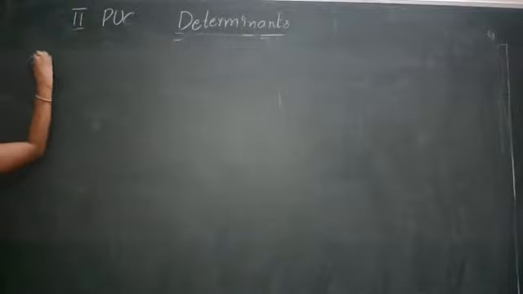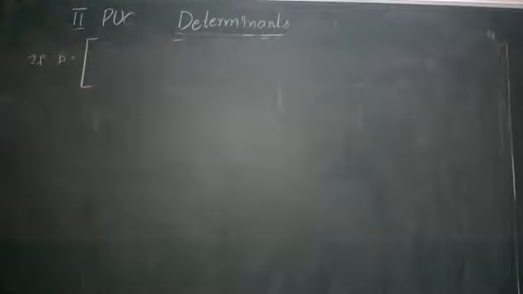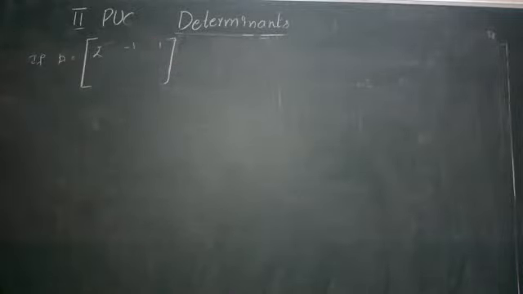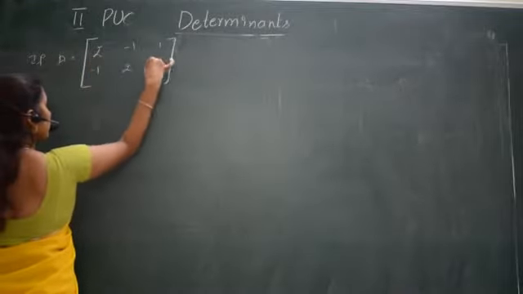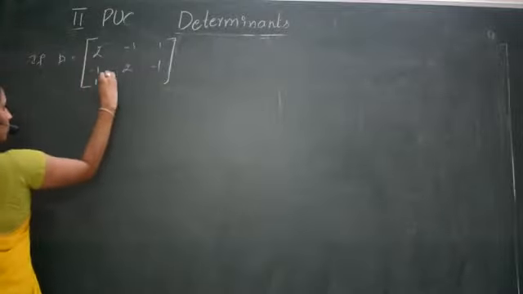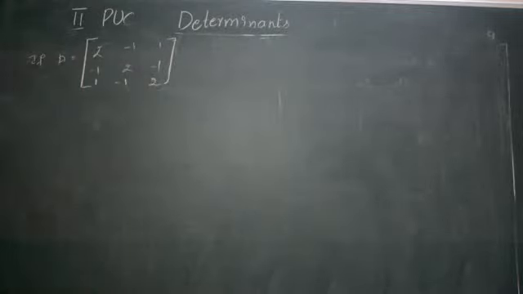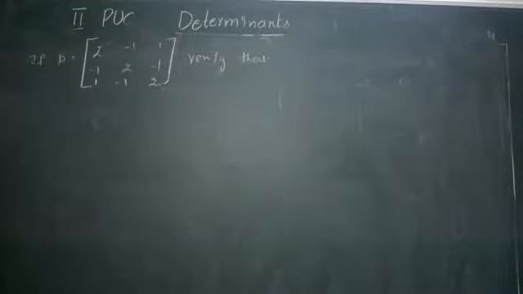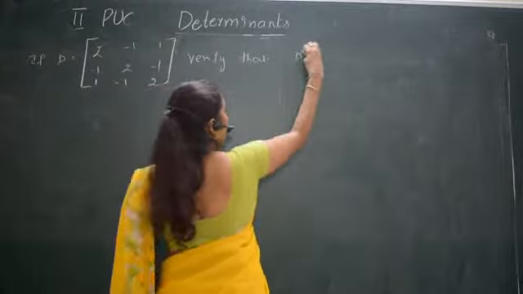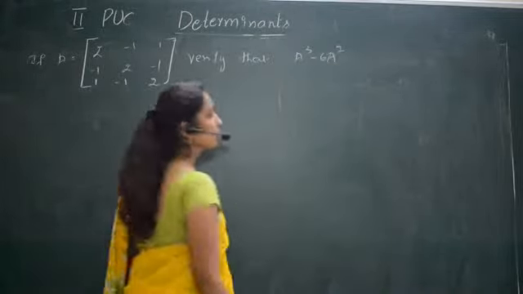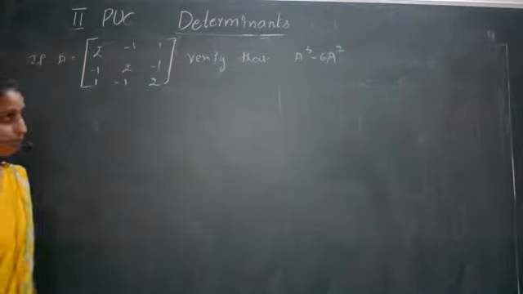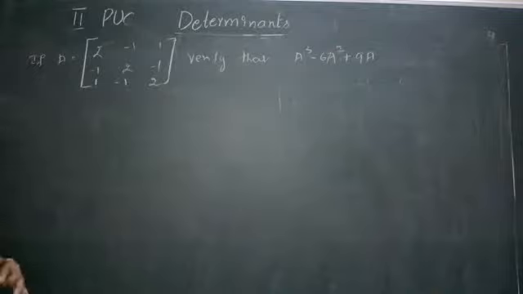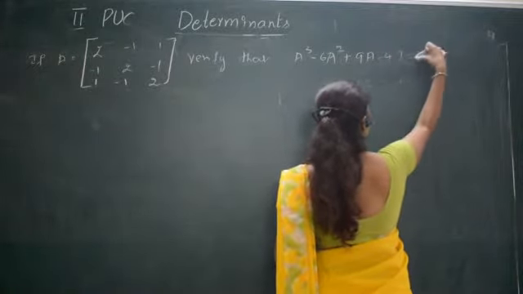If A is equal to the matrix [2 -1 1; -1 2 -1; 1 -1 2], this is A. Then verify that A cube minus 6A square plus 9A minus 4I is equal to 0.